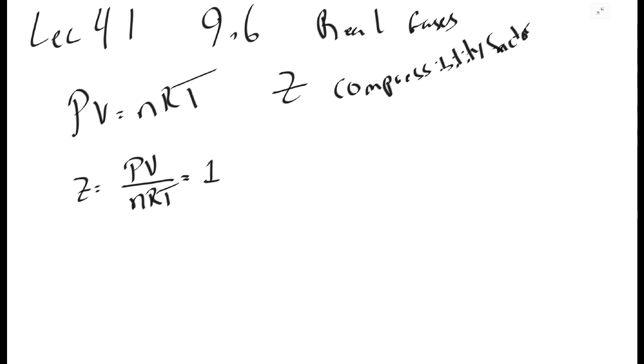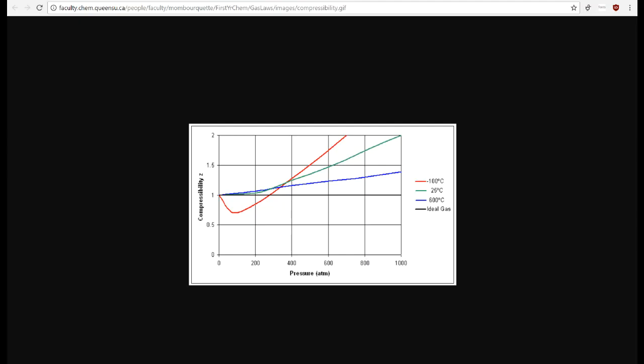So we can look at it. For example, here, there's another picture in your textbook. This is showing it for a single gas. So your ideal gas is the horizontal line in the middle, the black line. Then you have a real gas at various temperatures.